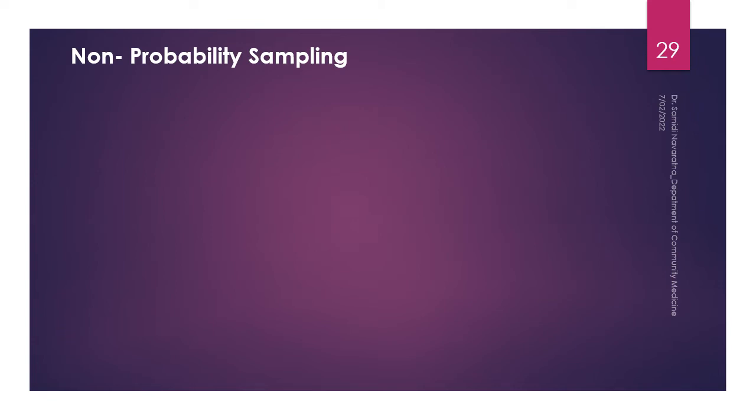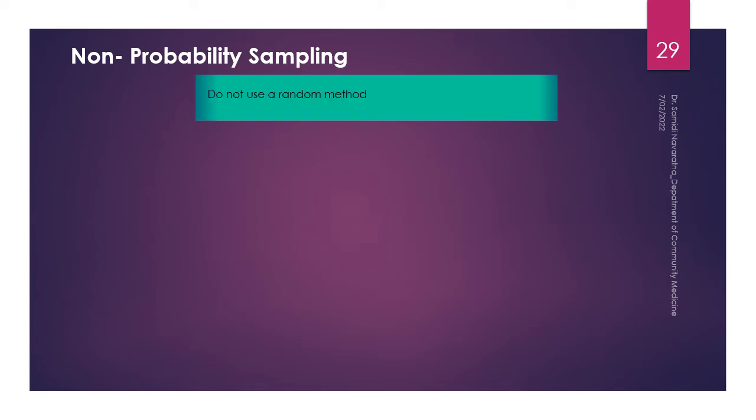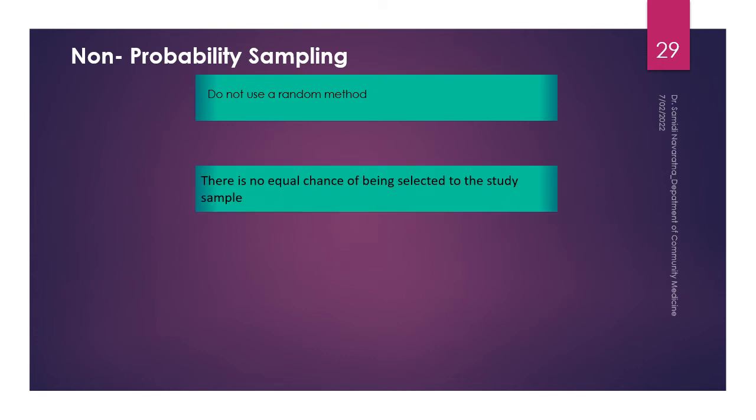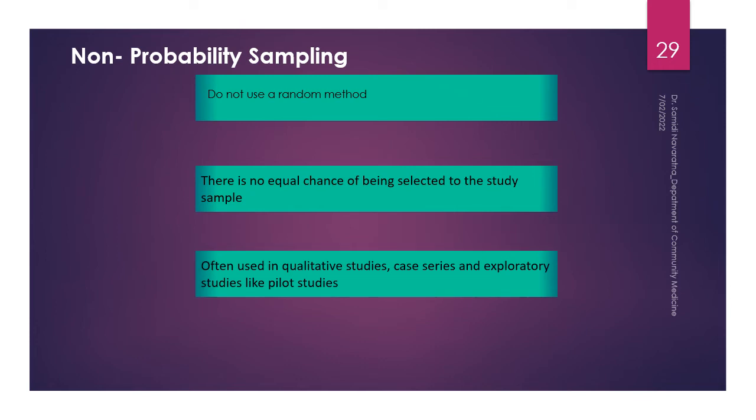Moving on to non-probability sampling methods. Non-probability sampling methods do not use a random method to choose the study units. There is no equal chance of being selected to the study sample, and they are often used in qualitative studies, case series, and exploratory studies like pilot studies.